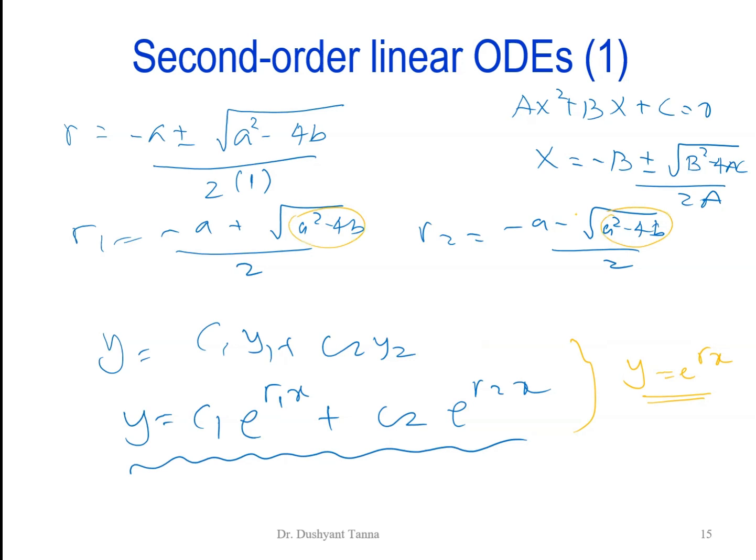So again, three cases. Discriminant D greater than 0, two distinct roots; D equal to 0, two roots but repeated; and D less than 0, complex, non-real roots. But again, they can be separate or repeated. If they are separate, that's fine. If they're repeated, we go for the fourth case, which is not covered here, but I will still tell you in case you come across anything where you need the fourth case.